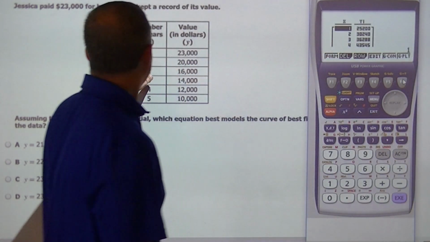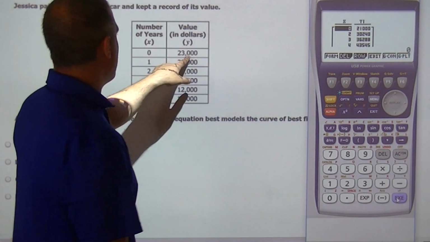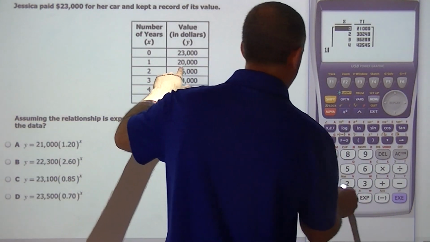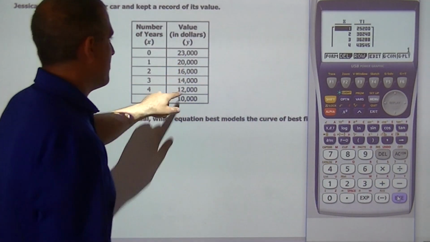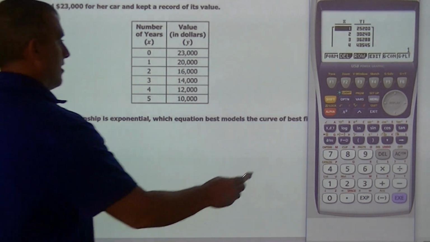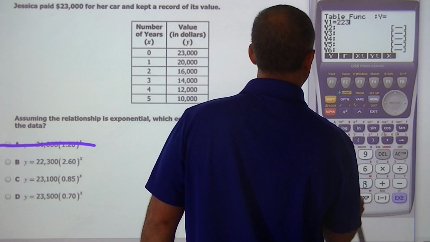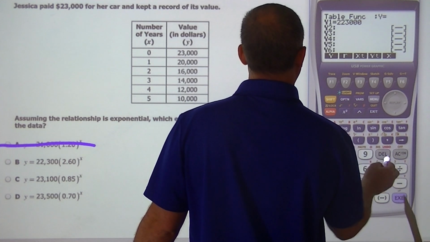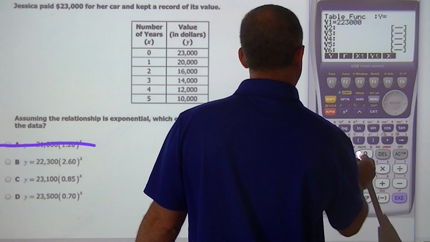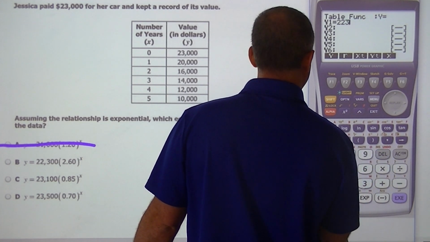All right, if I type in 0, I get 21, that's not really close. 1, okay, those aren't really close, so I know this one's no good. Okay, all right. Now let's do the next one. You could also go ahead and go to stat and do that too, and put the stuff in, but this is another way to do it.